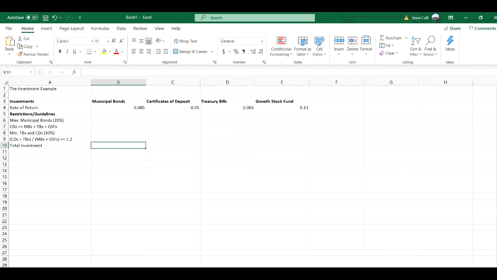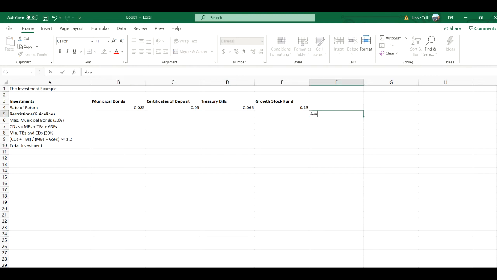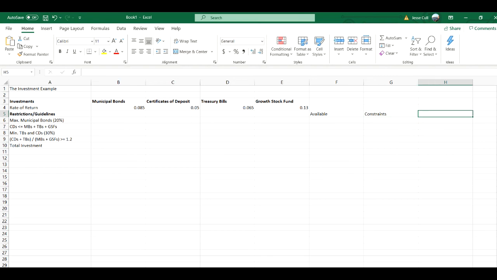In the second one, we know that the amount of CDs must be less than or equal to MBs plus TBs plus GSFs. So if we make that into a mathematical formula, what we would have is CDs 1 minus MBs minus TBs minus GSFs must be less than or equal to 0. And that's a simple algebraic transformation. So how do we enter that here?